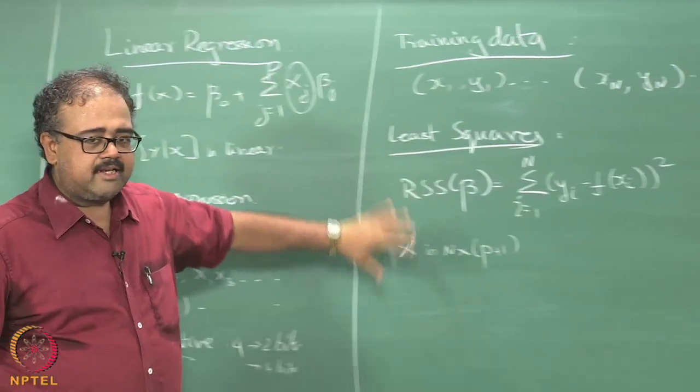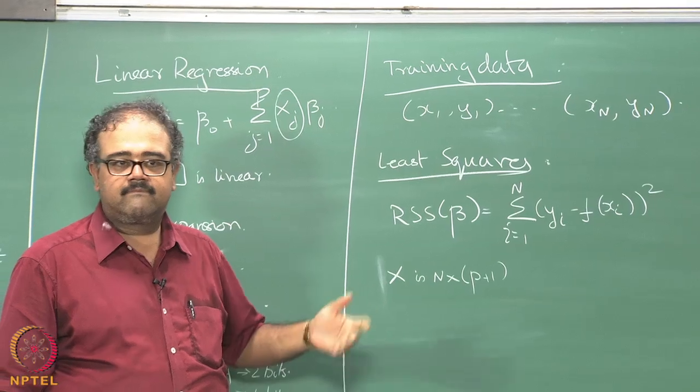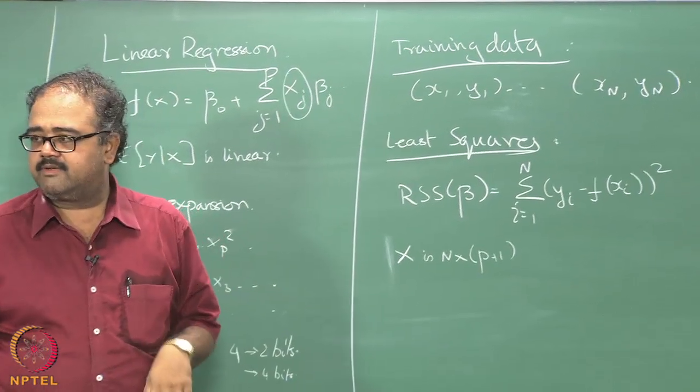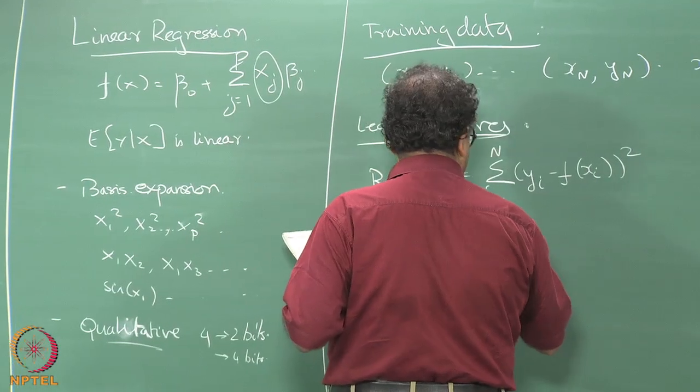So I am going to translate this into matrix notation to show you some things, right. In matrix notation, when I write x, at least for today, it is an n cross p plus 1 matrix where the first column is all ones. So we have seen this already.